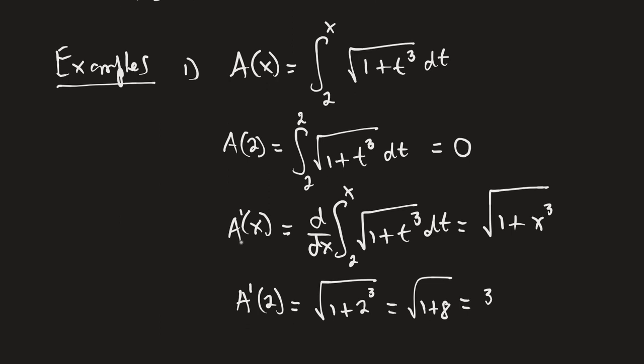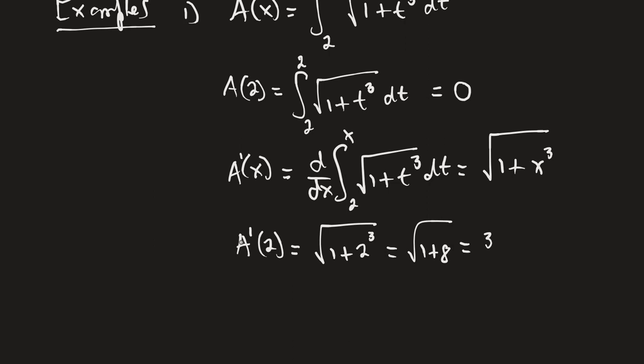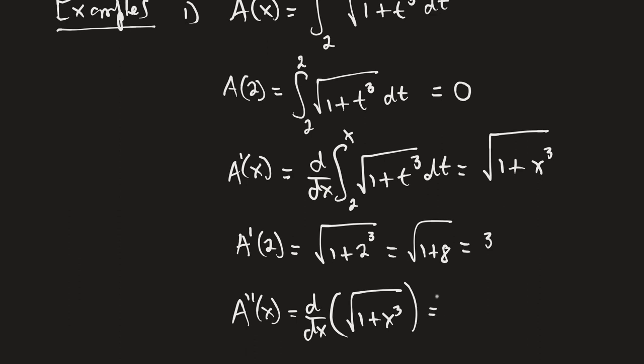And what's nice about this is we can continue doing this differentiation. If I wanted to find the second derivative, A double prime of x, that means I would differentiate this root, right? So it would be the derivative of the square root of 1 plus x cubed. And for this, we would need our chain rule. Let me rewrite it so that you can see it.